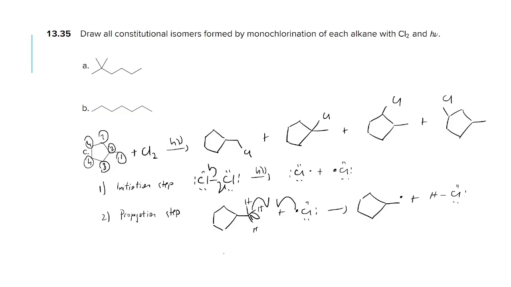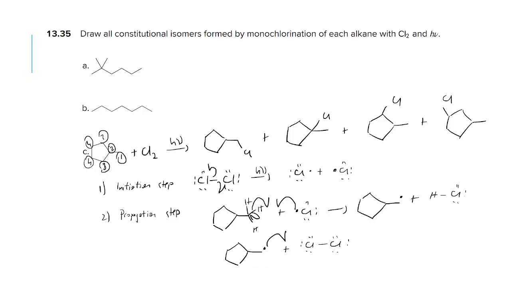Then what can happen as a different propagation step? The alkane radical, let me draw it here, can react with another chlorine molecule, because in general, in the first initiation step, we do not consume all the chlorine molecules, so we still have some chlorine molecules around. How? Again, very similar to the other propagation step.